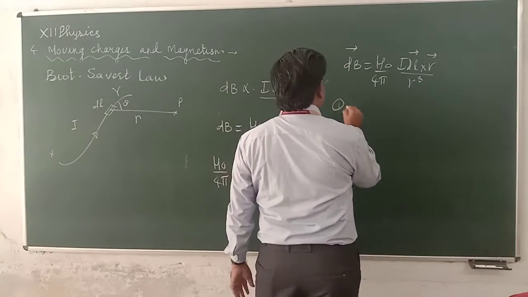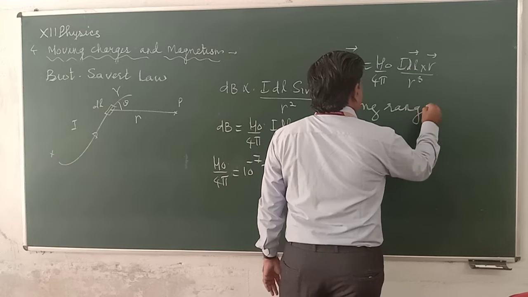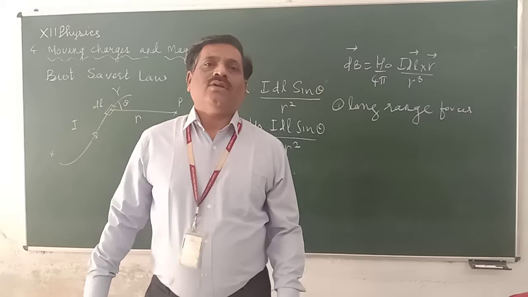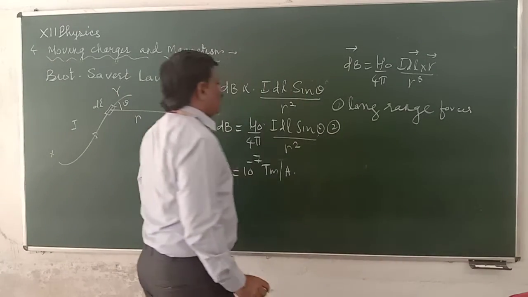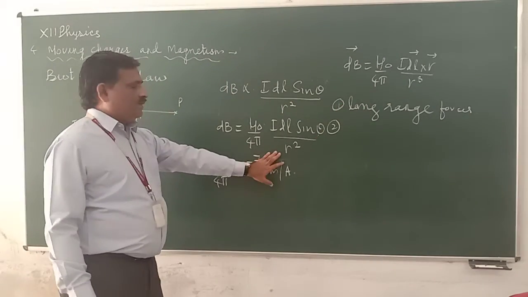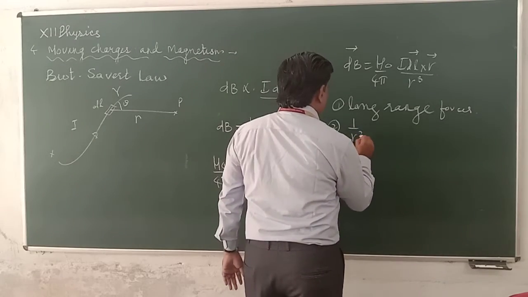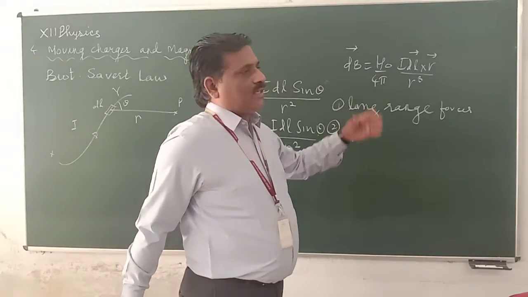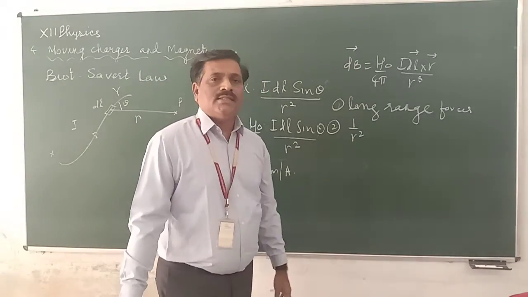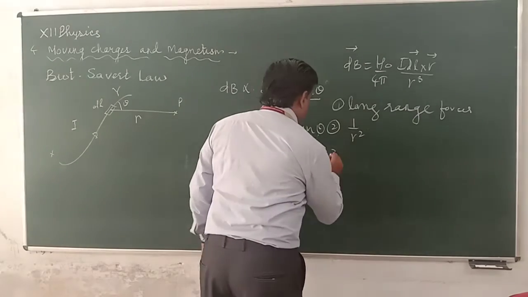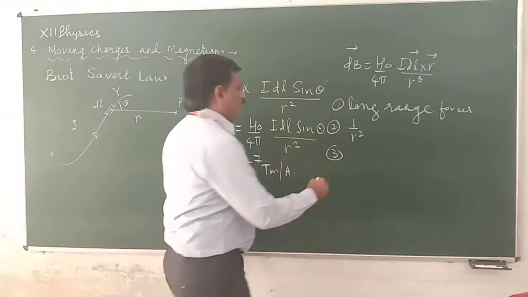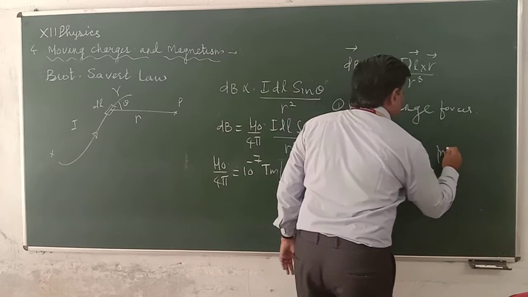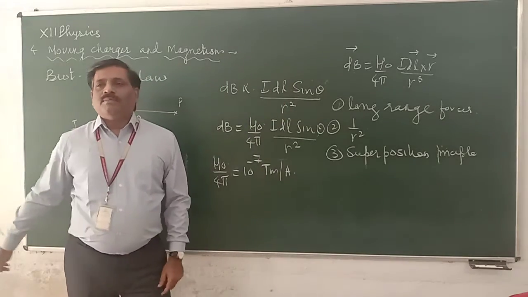First thing, both of them are long range forces. Second, in the Biot and Savart law dB depends inversely on r square, and in Coulomb's law also, the electric field has a dependence on 1 by r square, just as the magnetic field does here. Third, dB is a vector, and electric field is also a vector, therefore both obey the superposition principle.